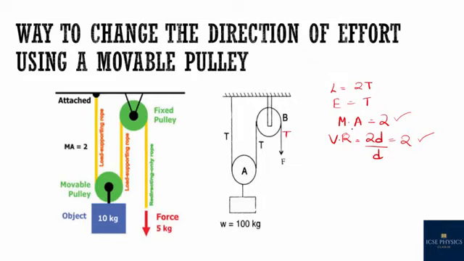In an actual machine, mechanical advantage is less than 2 due to frictional forces that exist on the rim and also due to the ball bearings of the pulley. Efficiency will be how much? MA by VR into 100. It's 100%. But in actual practice, it's less than that.